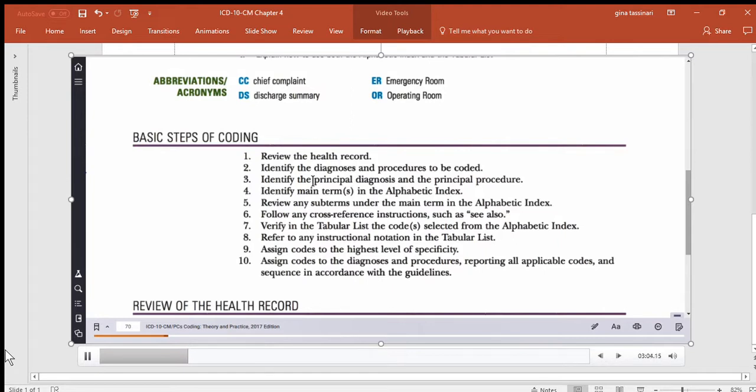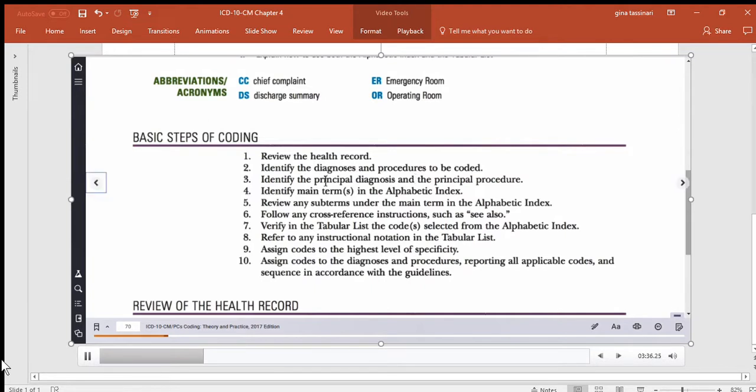So outpatient, it's called primary diagnosis and primary procedure, and inpatient, they call it principal diagnosis and principal procedure. And what those mean in layman's terms is the first listed diagnosis, the first listed procedure. Any of the other secondary diagnoses or secondary procedures would be coded and listed afterwards in the sequence of coding.